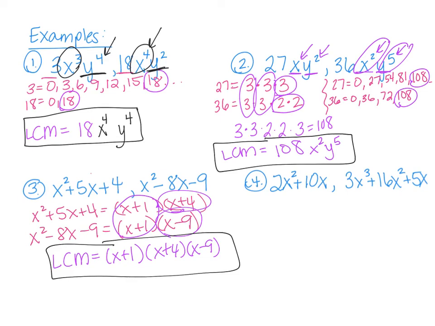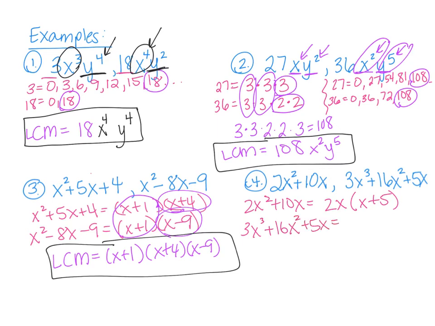We really got to know how to factor. Okay, looking at our last example here, we want to factor our first expression. So the first thing that I see is I've got a GCF. They can both divide by 2 and an x, which is going to leave me with an x plus 5. All right. Looking at my next expression, I'm going to first notice that I do have a GCF.